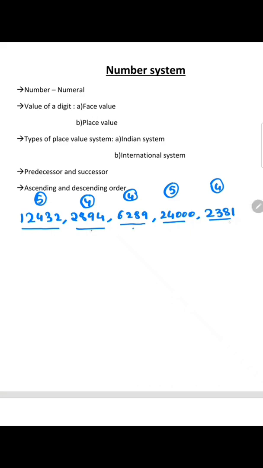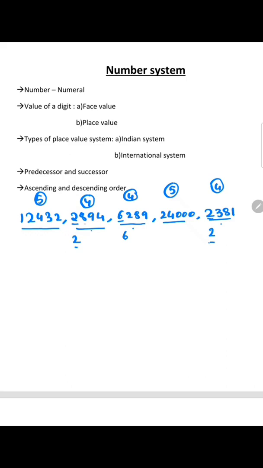We have 3 4-digit numbers. Let me check their thousands place. The thousands place of this number is 2. Here we have 6 as its thousands place. In this we have 2 in the thousands place. So first we are going to take the smallest one. As we have two 2's here, they are both same.